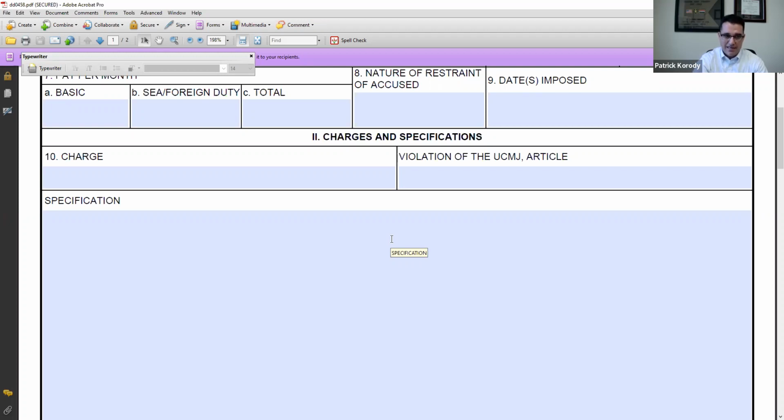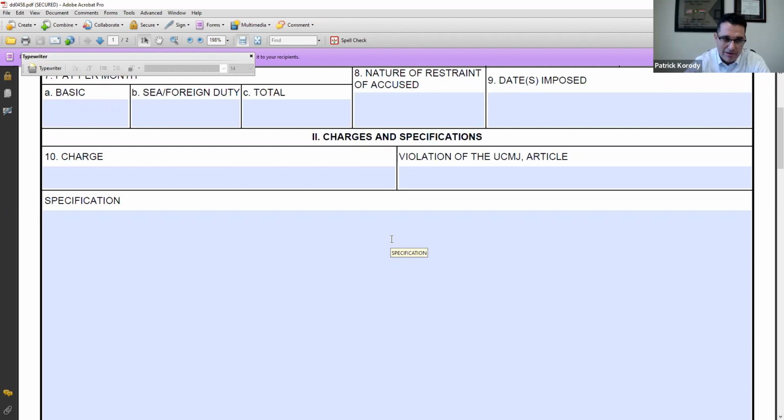And the maximum punishment is based on the specifications and adding them all up. So it's not just one maximum punishment based on the single charge. It's based on the cumulative adding of all of the specifications alleged under that charge.